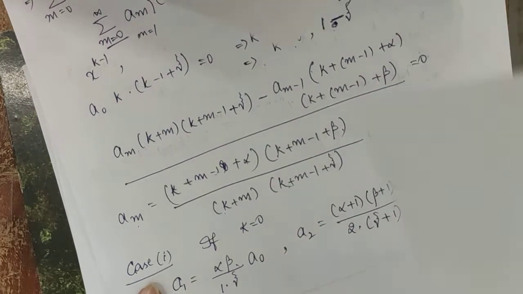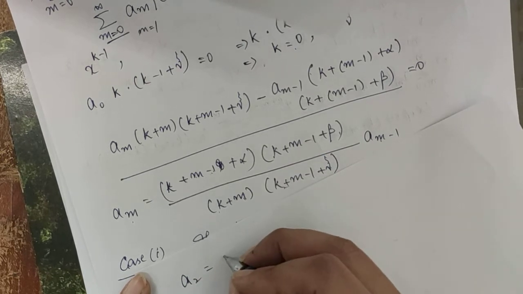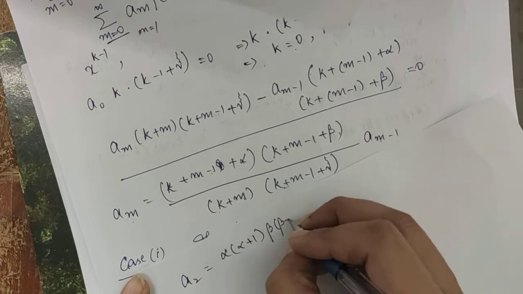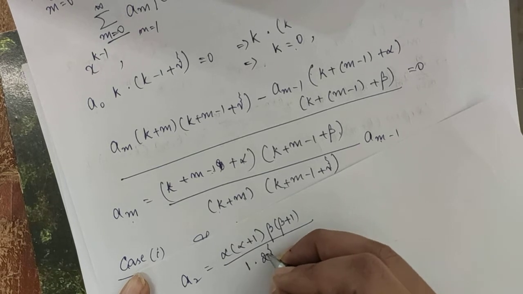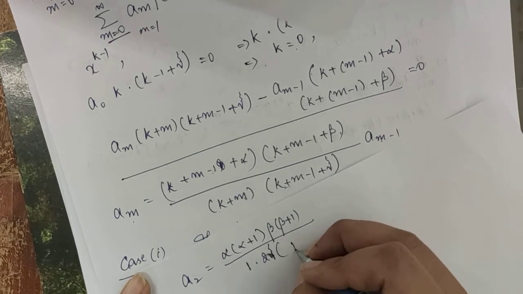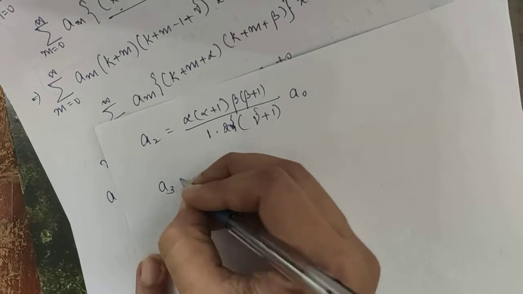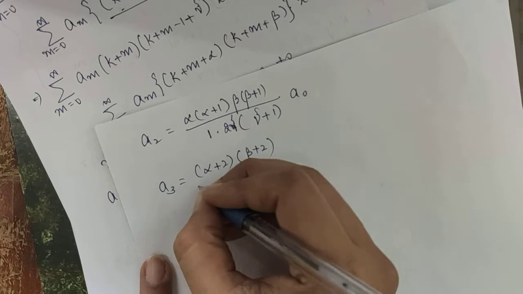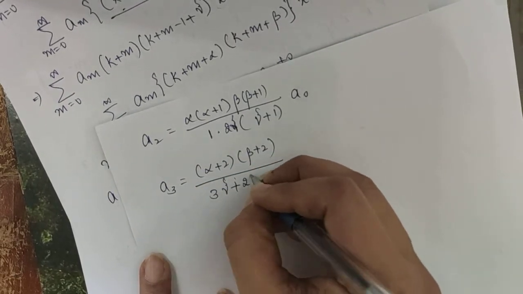So a2 is nothing but we will get it as alpha into alpha plus 1 beta into beta plus 1 divided by 1 into 2 gamma into gamma plus 1 into a naught, right? Similarly, a3 is equal to alpha plus 2 beta plus 2 divided by 3 into gamma plus 2.